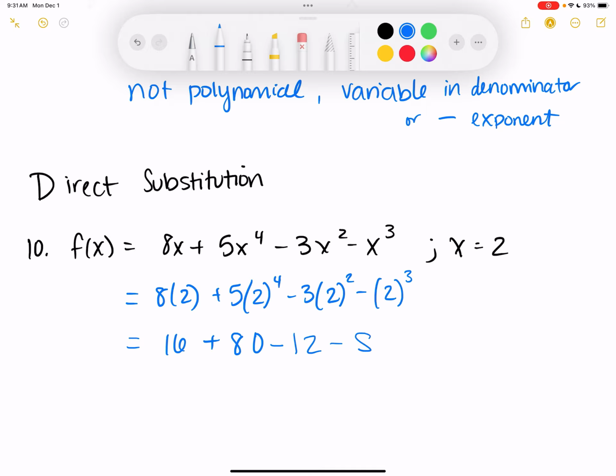And then, the final answer? Oh, I was like, what? No, 2 times 2 times 2 is not 7. So then 76. That's it.